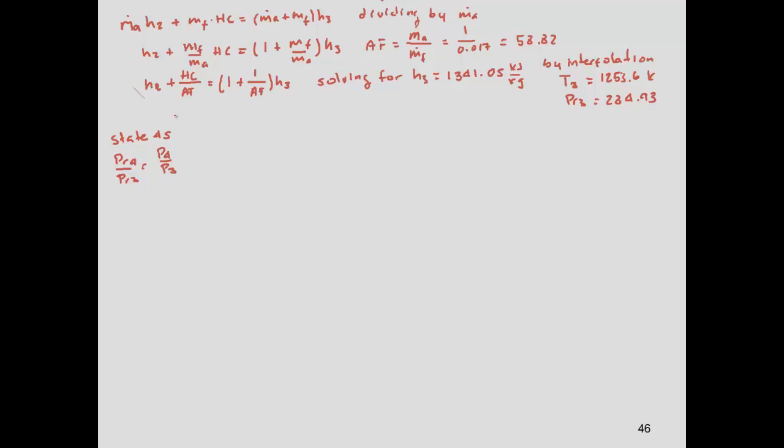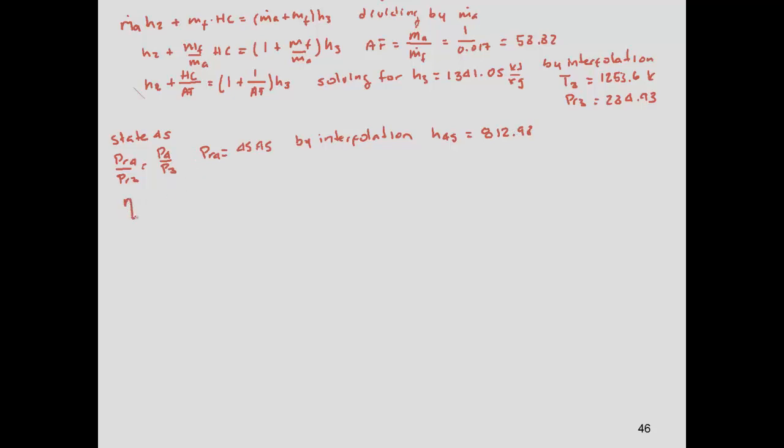So that leaves the value of PR4 of 45.95, and by interpolation we have H4S to be 812.98.